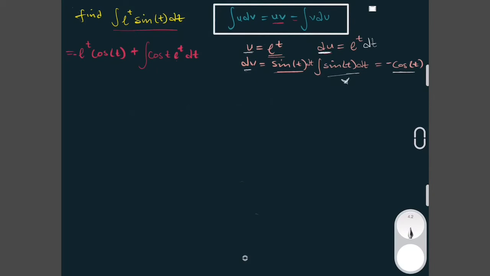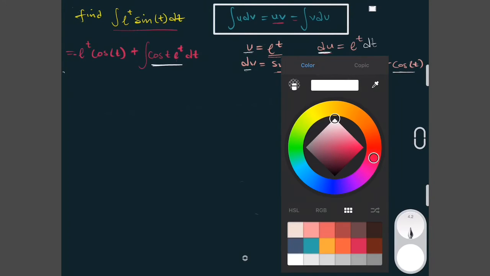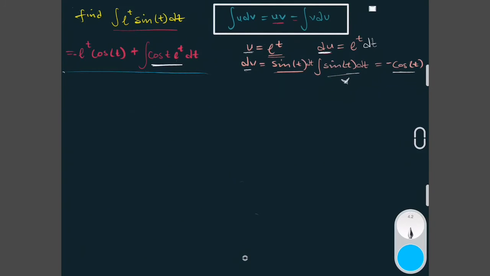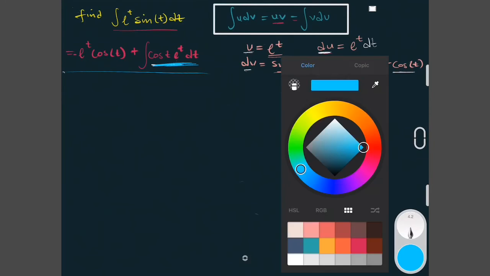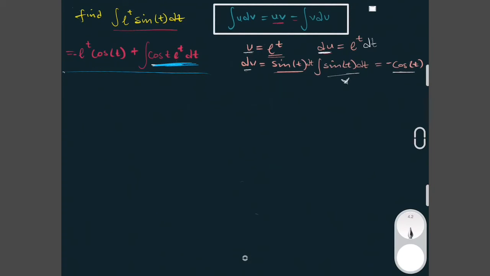So we get another product. If we were to pause this for a second and deal with this product that we have here, we'll see that the integral of cosine of t times e to the t dt, we follow the same pattern.